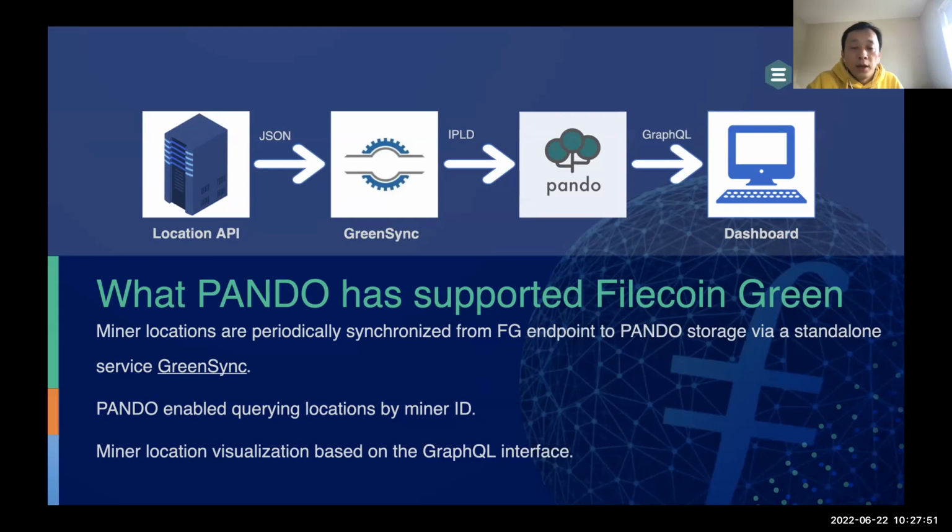Pando also enables querying location by miner ID. This is the API we can use to query a very specific miner and see its information. We also developed a simple dashboard to visualize the miner locations on the map. So this is what Pando has already supported.